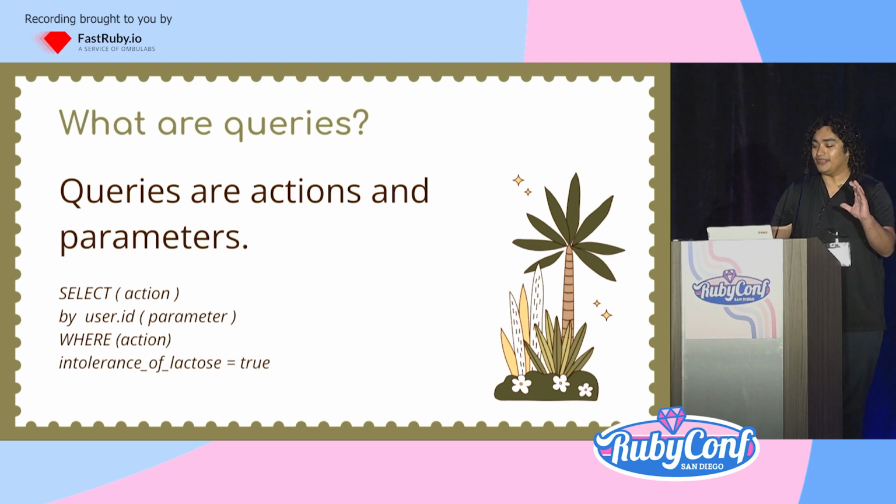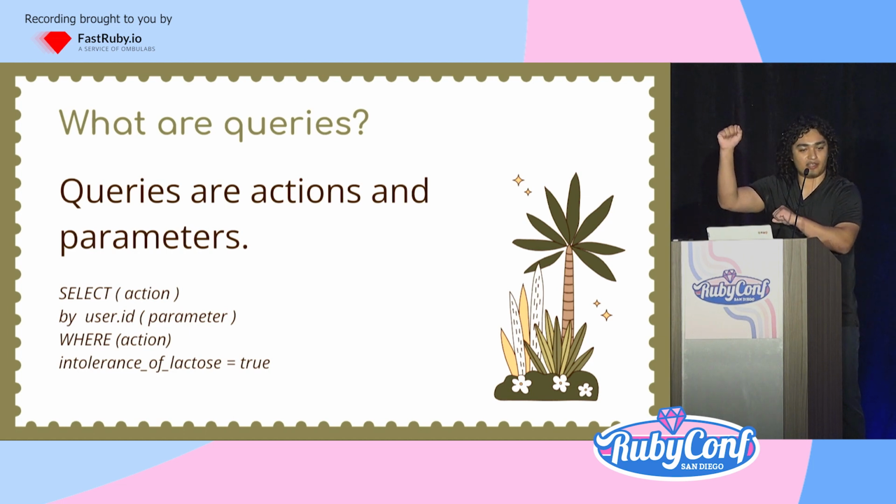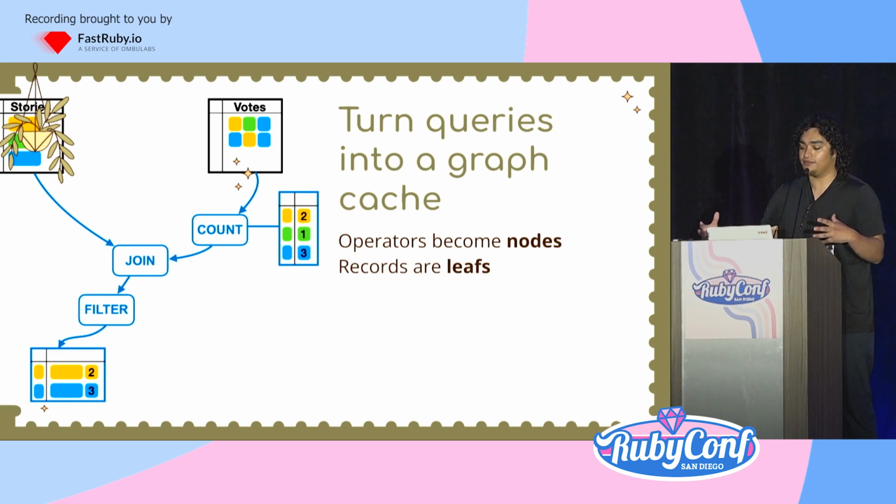Okay, so these queries that we're submitting, what are queries? You can think of queries as actions and parameters, right? Select is an action, and whatever parameters you're passing to it, and then the next action, where, and those actions are the nodes that are being submitted for this caching graph, right?